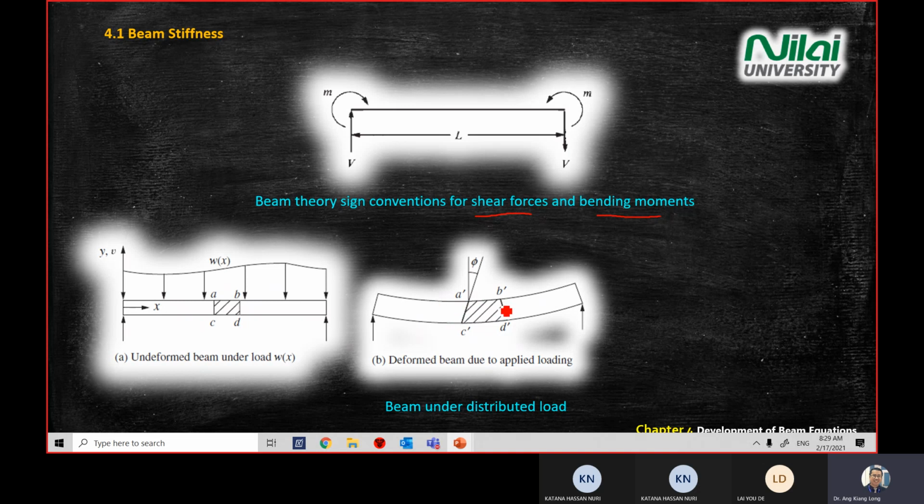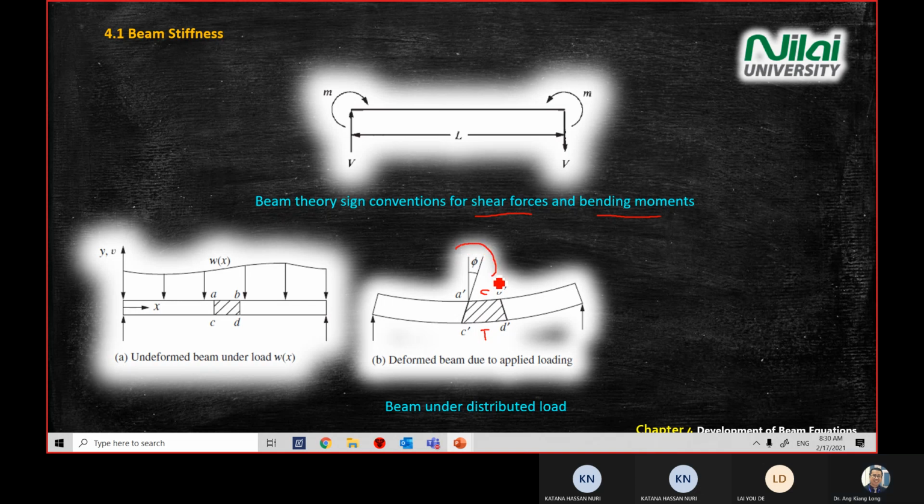So if you make a comparison between the top surface and the bottom surface, there is a difference in behavior. One is compressed, one is stretched, or you have a tensile behavior below here.